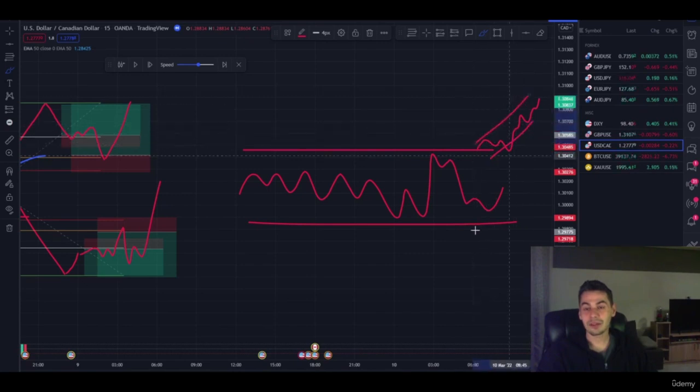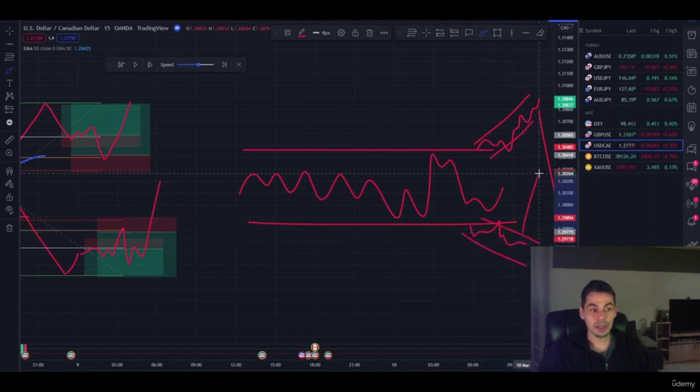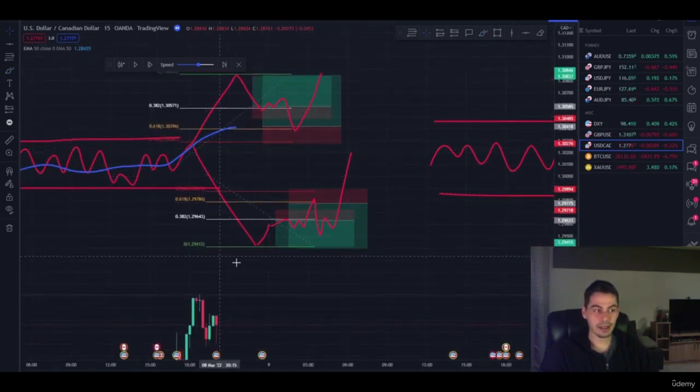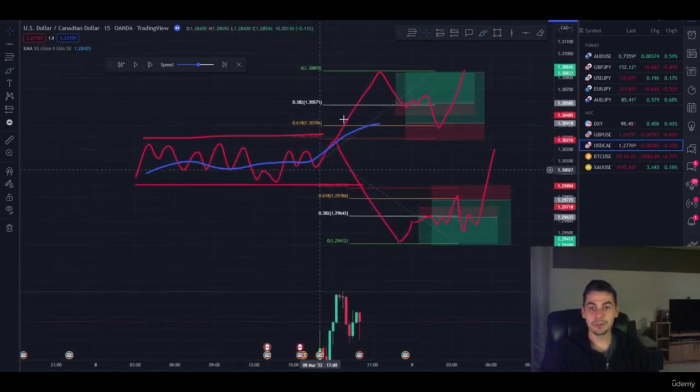This is something that we want to disregard because it will mostly end up collapsing. Same thing will happen to the downside. So if you see something like this with no huge impulse, just disregard it. We just want clear and concise breaks, as I showed you guys here.